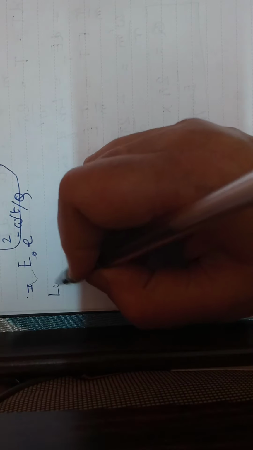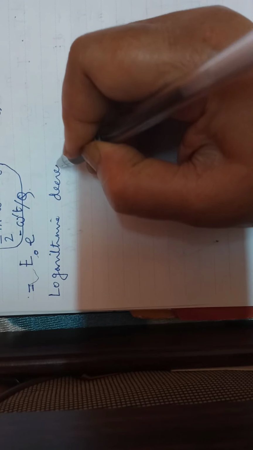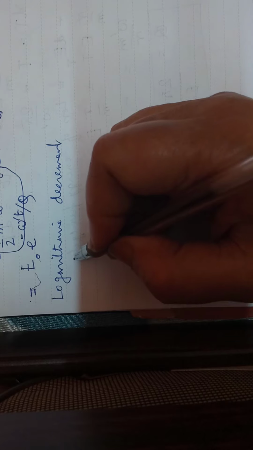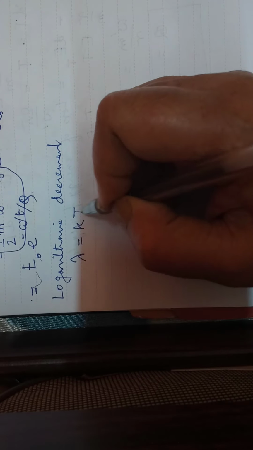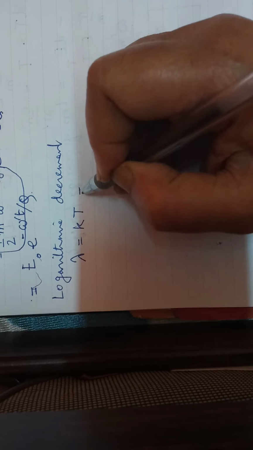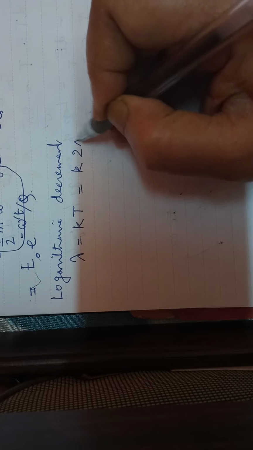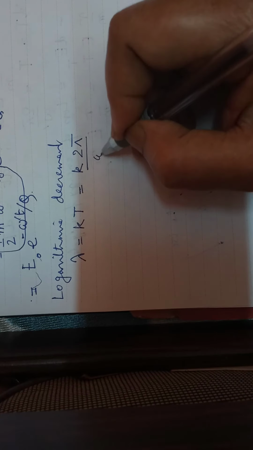Suppose you try to find out the relationship with logarithmic decrement. What do you get? You see, lambda is equal to kt, which is equal to k into 2 pi by omega prime.